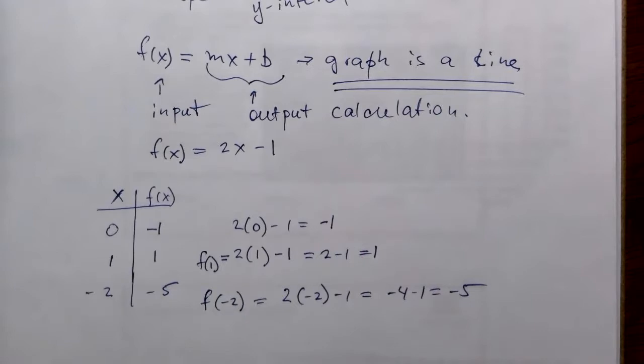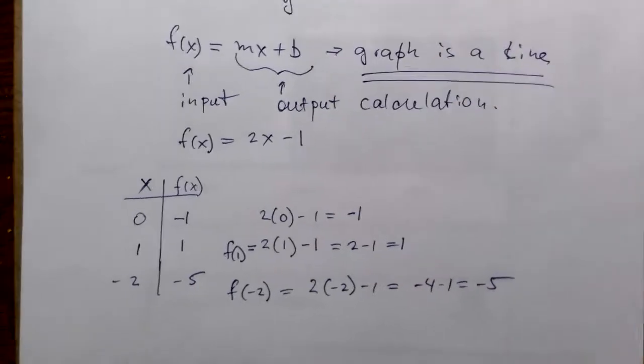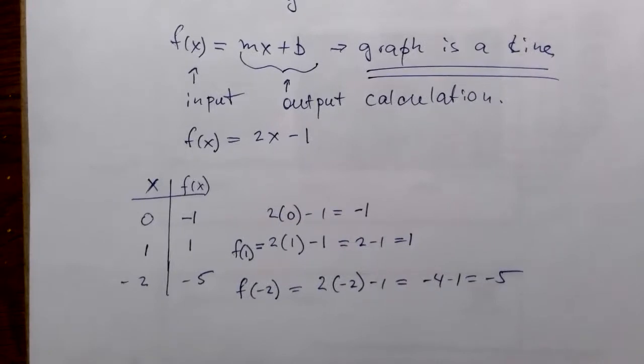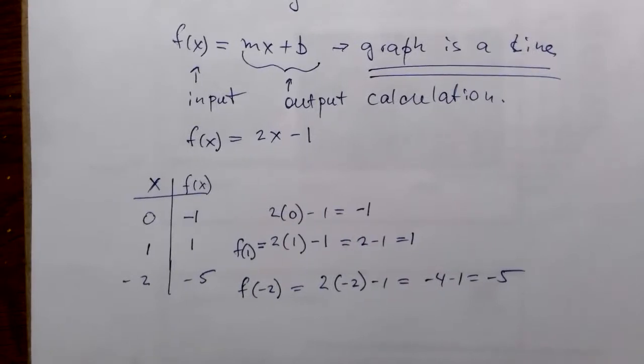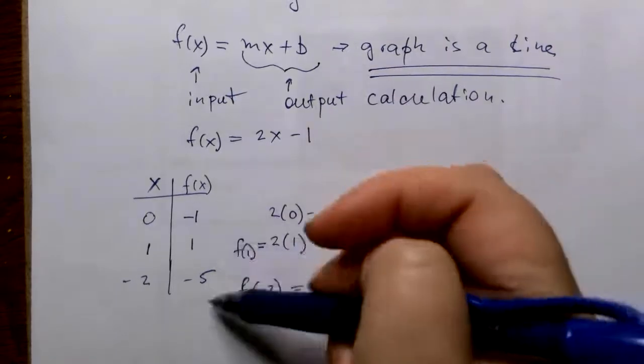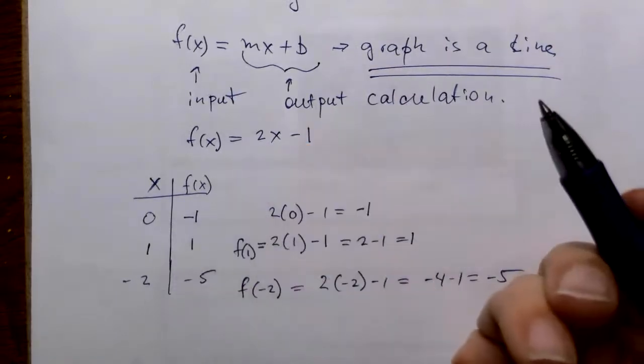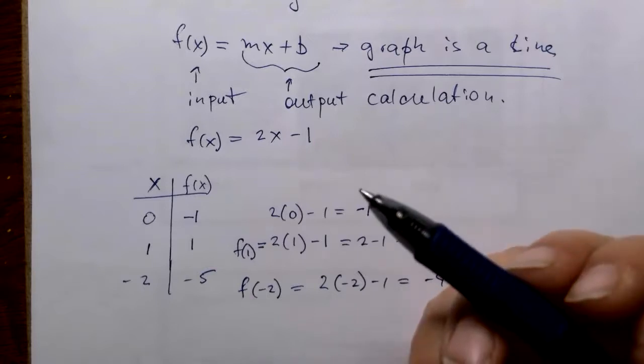I always recommend 3 or more, just to check your work, because if you made an error on one of the calculations, then if your points don't line up, you know you made a mistake. But if you have only 2 points and you made a mistake on one of them, then you don't know that you made a mistake. So a nice way to check yourself is to have more than 2 points.